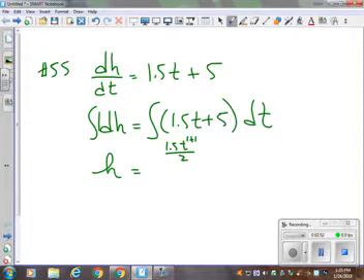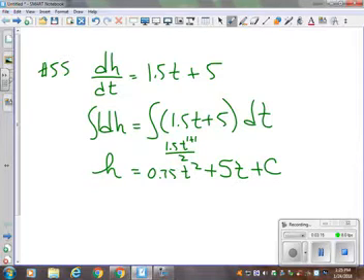So 1.5 divided by 2 is how much? What's half of 1.5? 0.75? Okay. So 0.75 t squared, because we've added 1 to the power. And then our constant is going to become a linear. So it's going to be 5t plus c.